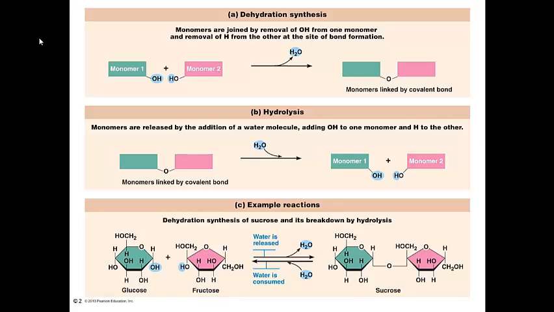That's the stuff I'm finding in the bowl. But if I take a scoop of this and I throw it into water and spin it around, add water to it, I get glucose and fructose. Dehydration synthesis, hydrolysis. This is a reversible reaction, depending on how much water I have, right?